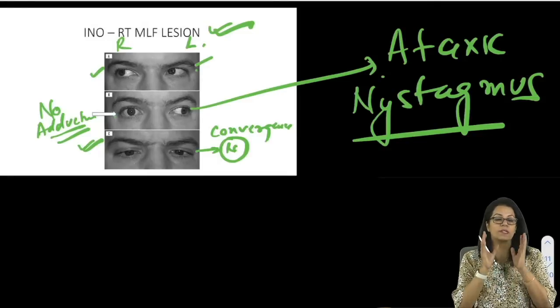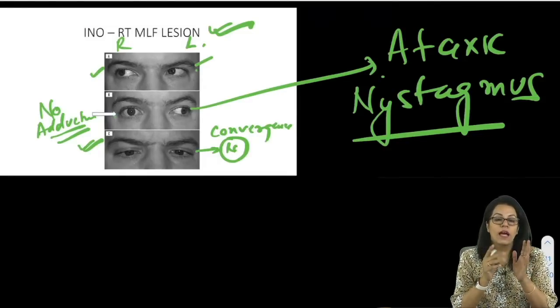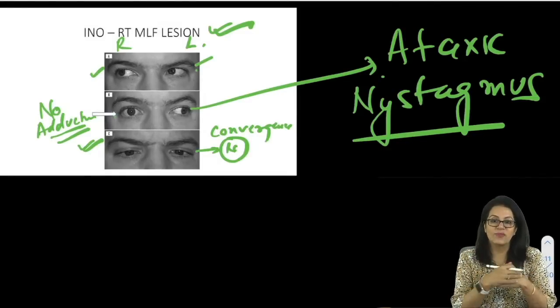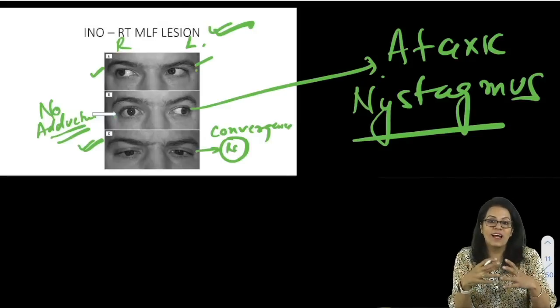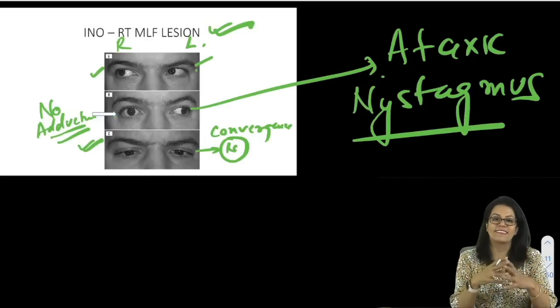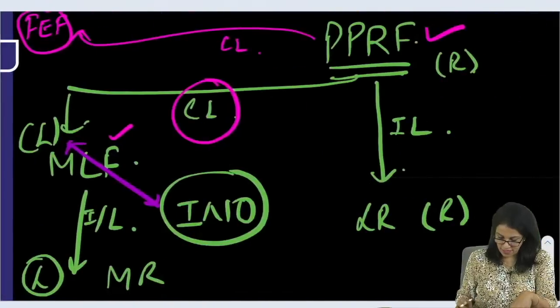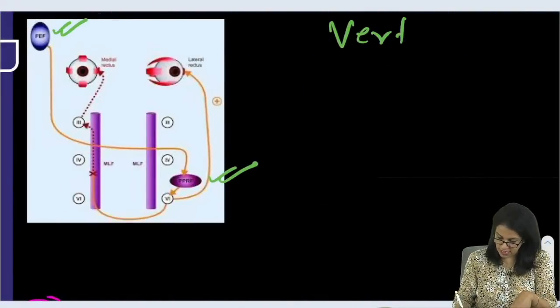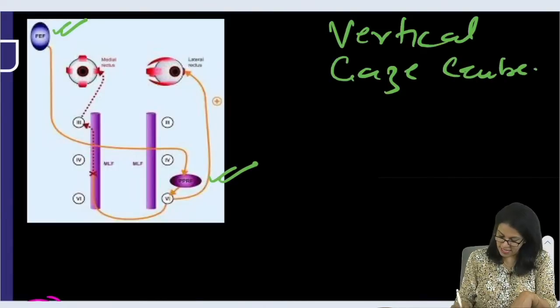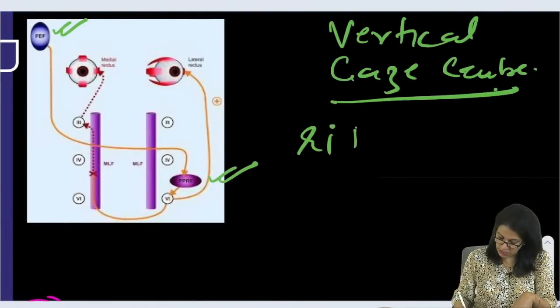Okay, it also reminds me, there was a recent AIIMS question, I am more used to saying AIIMS, I mean INI-CET only. So, a recent question about vertical gaze center. I hope you know the name of the vertical gaze center, all of you. What is the name of the vertical gaze center? If we ask, what are the components of vertical gaze center? Let's revise that it is generally rostral interstitial MLF.